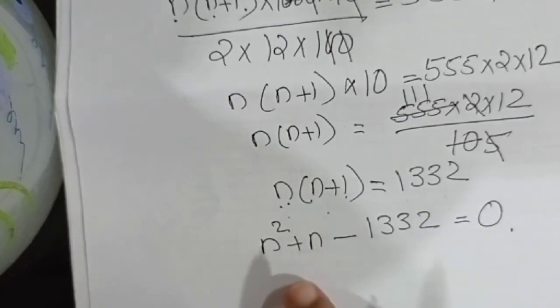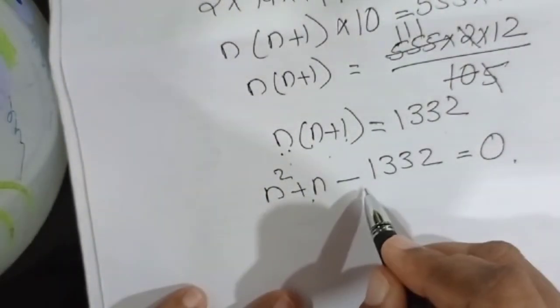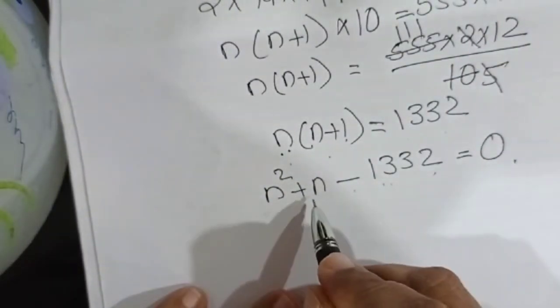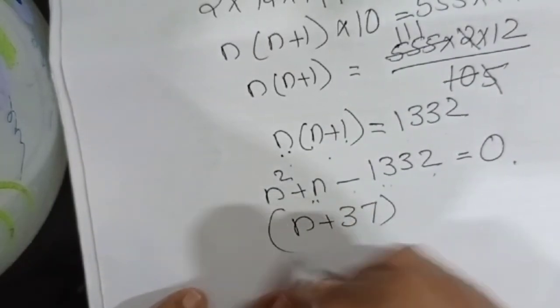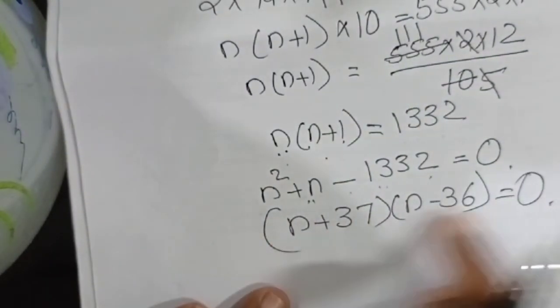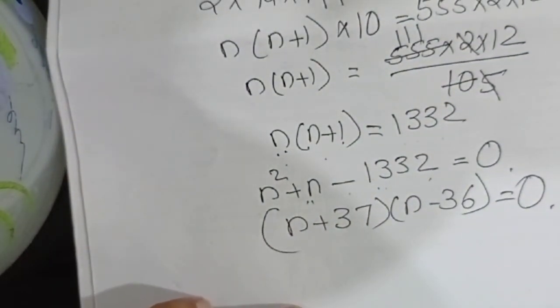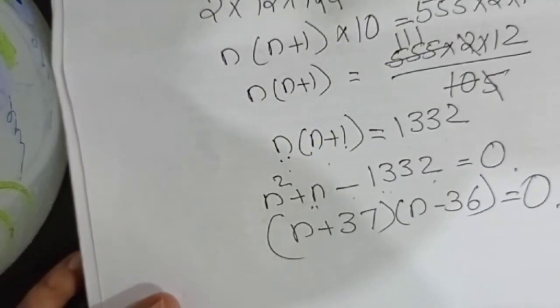Then you will understand how to solve this part. Here I am going to write the answer by splitting the middle term. Product minus 1332 and the sum is n. Here the answer is n plus 37 into n minus 36 equal to 0. Now just copy this answer. I will explain that part in the next chapter. Then only you can understand this.